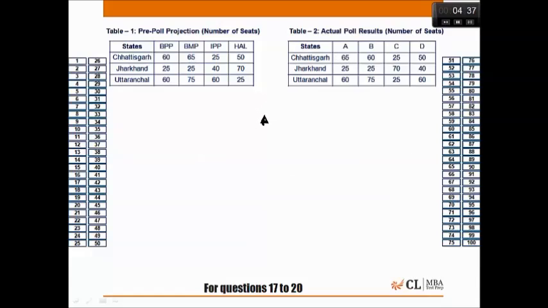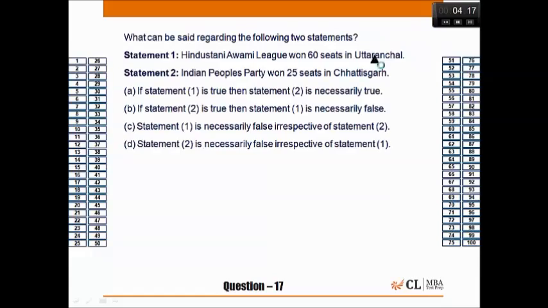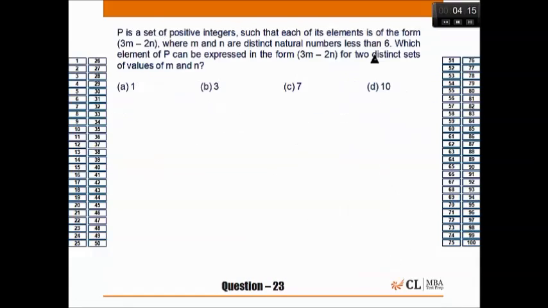Okay, BPP, BMP, IPP, and HAL. So 65 is A, BMP could be A, 60 is B. Not worth it. Doesn't happen. Won't have time to do it.